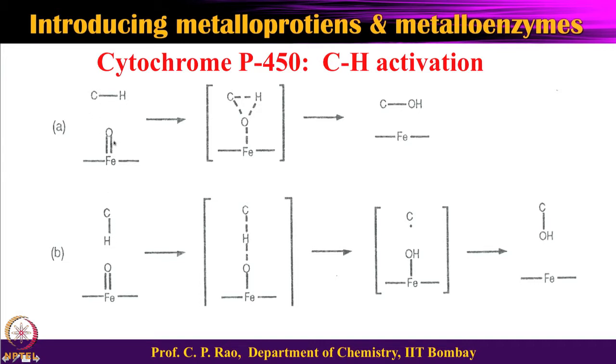In either of these you can have a transition state of this cyclic kind, and then this can break down into COH and iron. Or it need not form a cycle, it can form a linear bond, and this can break down to FeOH and C dot, and then this will recombine to form the COH.